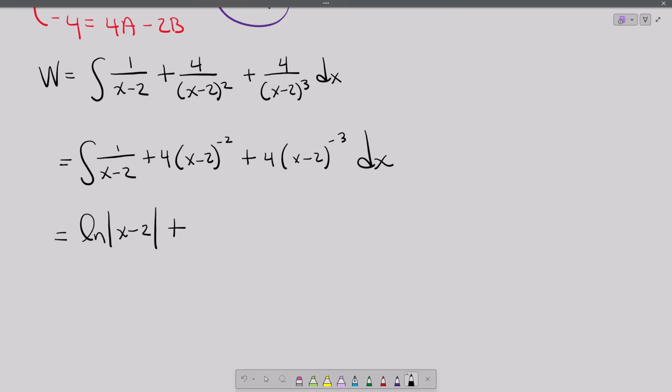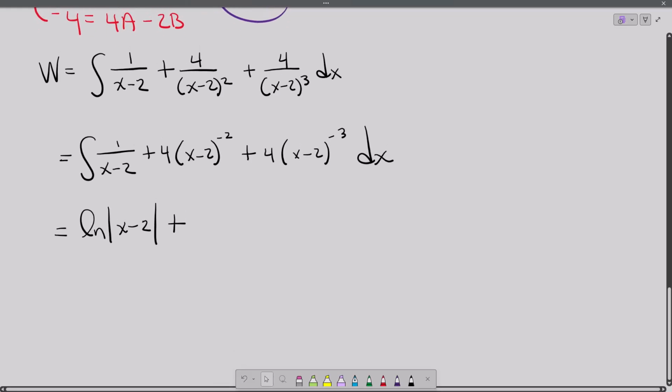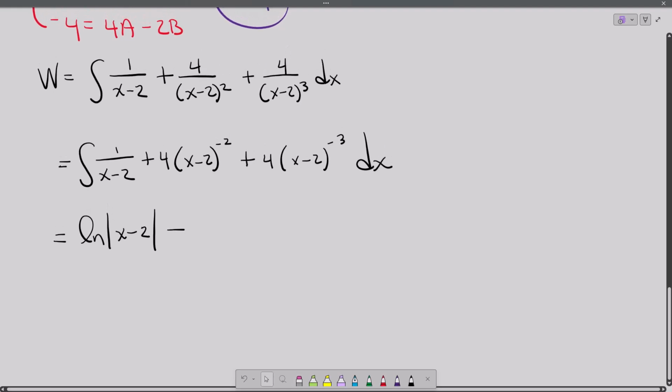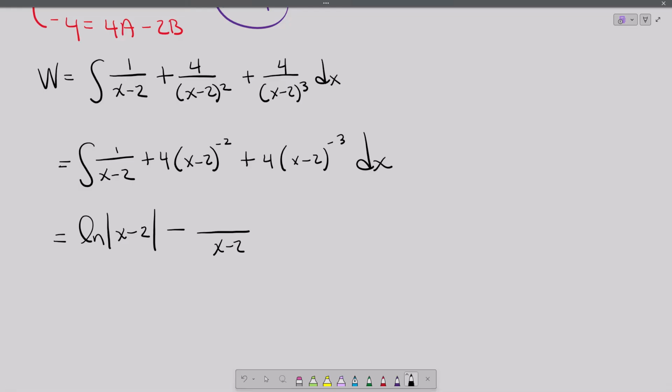The derivative of this base is 1, reverse chain rule, don't really need it. So we add 1 to the exponent, getting negative 1. Negative x minus 2 to the negative 1. The numerator is the constant 4.